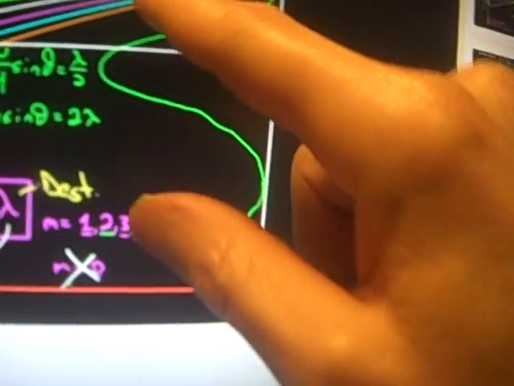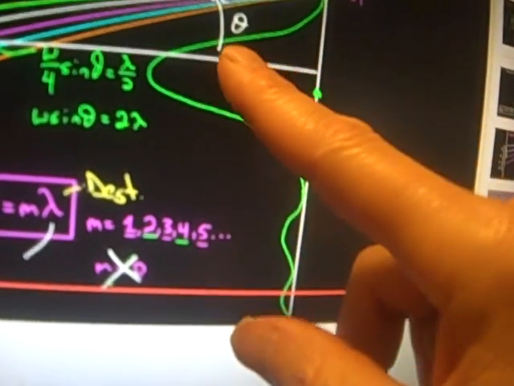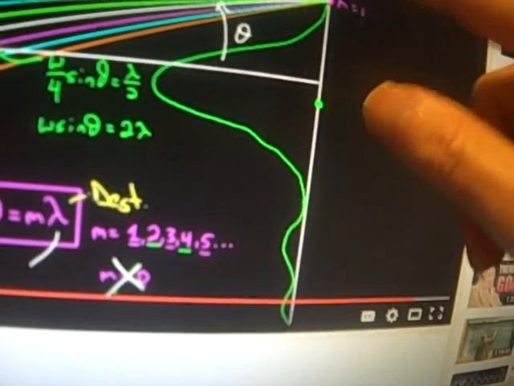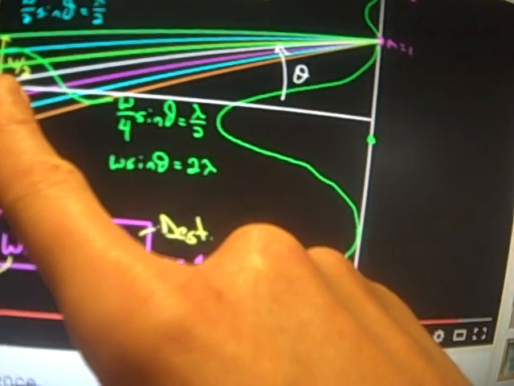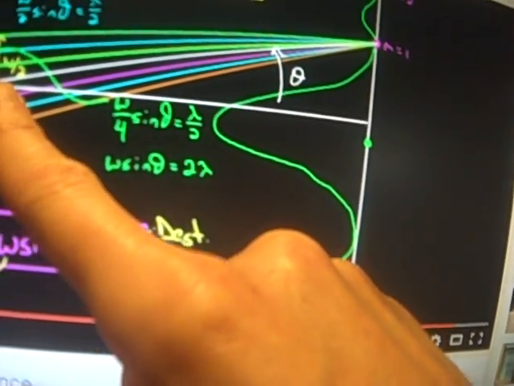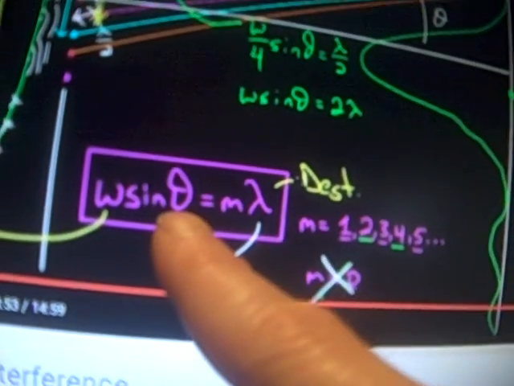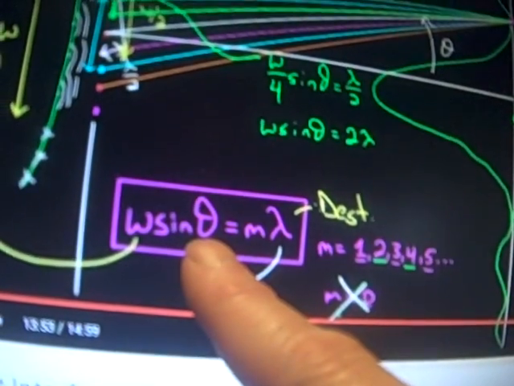Obviously this theta wouldn't exist on the center line, but off the center line theta would exist. But then at m equals 2, theta would be twice the angle. What happens if it's twice the angle and then you do the sine of it? I can't figure how that could possibly work, because a 90 degree angle has a sine of 0.